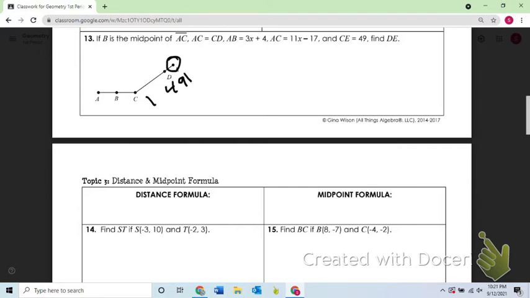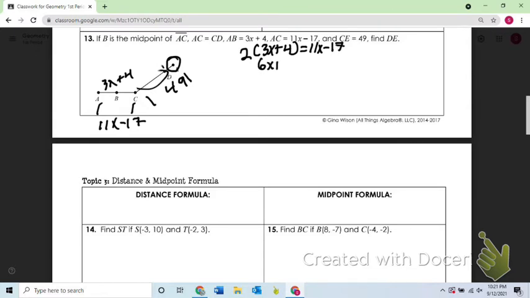Yeah, we know B is its midpoint, which means the distance from A to B is the same as the distance from B to C. More importantly, if the whole thing, A to C, is 11x minus 17, and half of it is 3x plus 4, we can double that 3x plus 4, and it'll be the same as 11x minus 17.